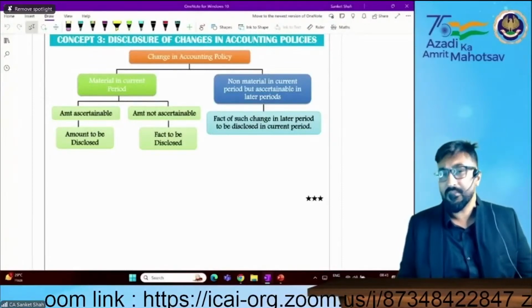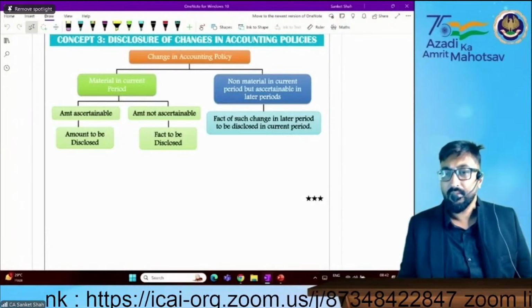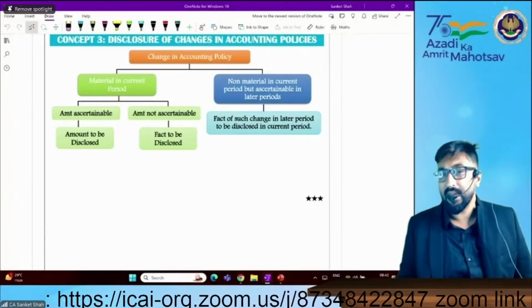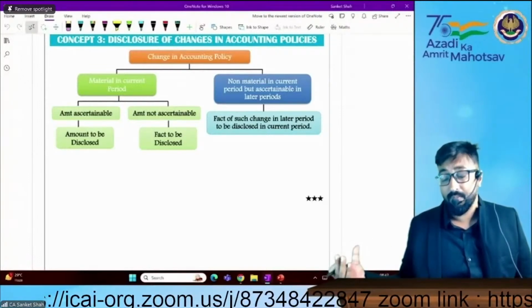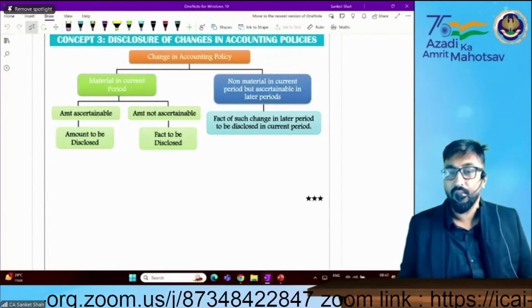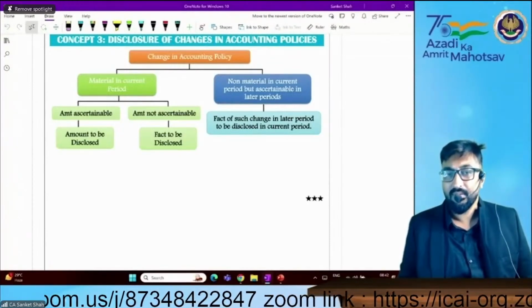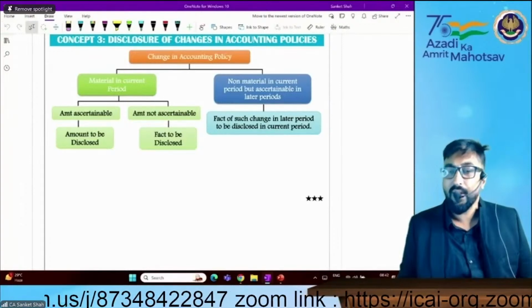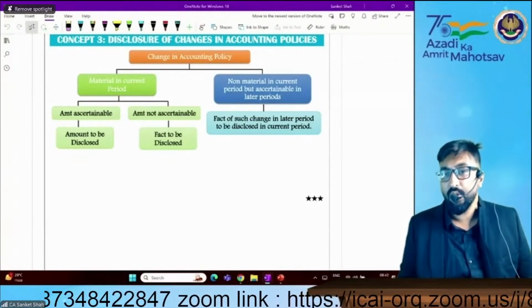So it is not substance over form. It is only a mutual understanding. No value is decided. You are just exchanging that asset, the purchased goods, with your stock. It is only a barter exchange. So you will apply your purchase rate over there only.